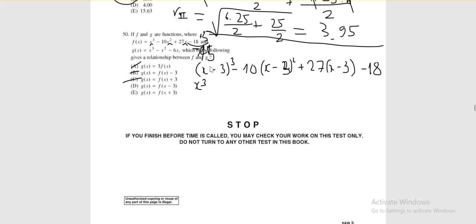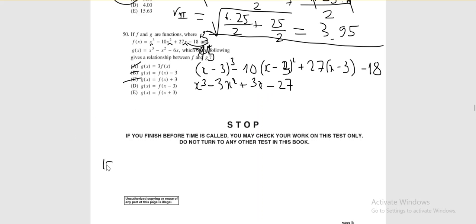And this x minus 3 cubed will be x cubed minus 9 x squared plus 27x minus the cube of 3, which is 27.